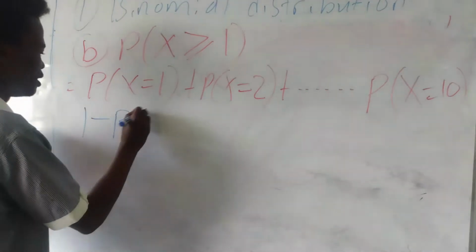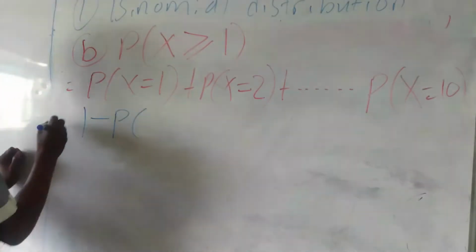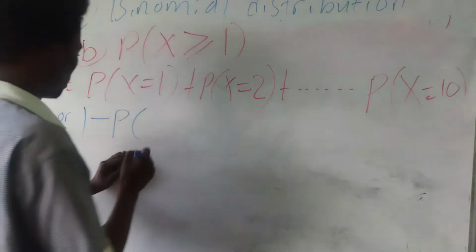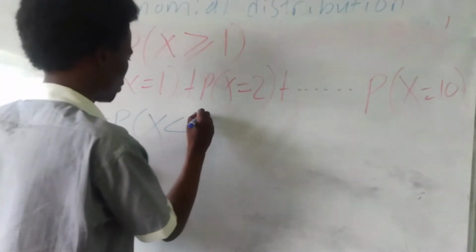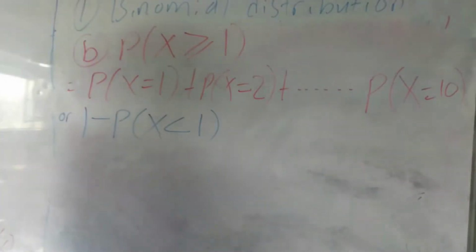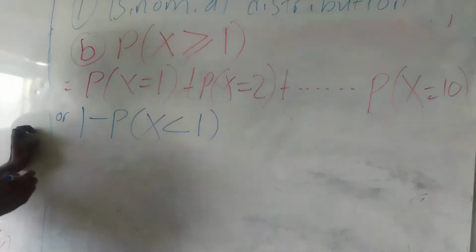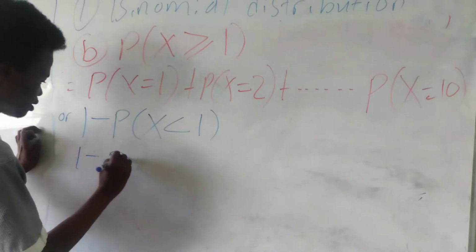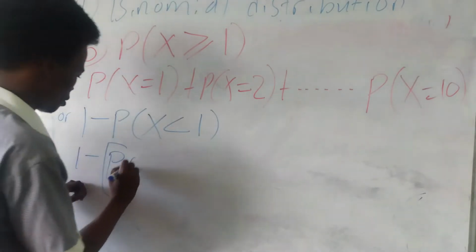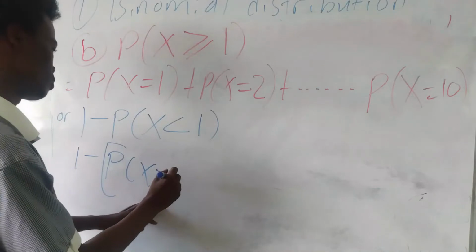So we can simplify it by saying 1 minus probability of x is less than 1. This is the alternative way of doing this. Since the values of x in binomial range from 0 up to n, we can now say 1 minus probability of x is equal to 0.